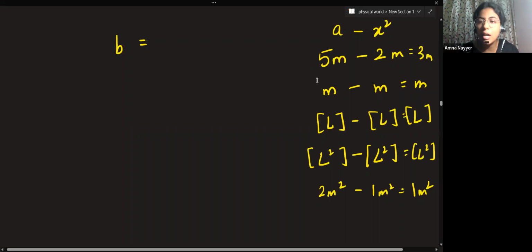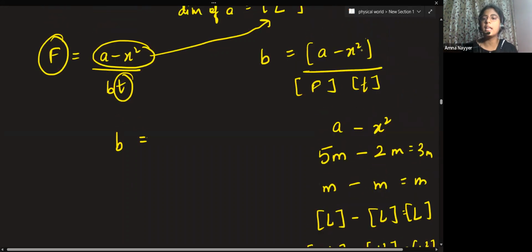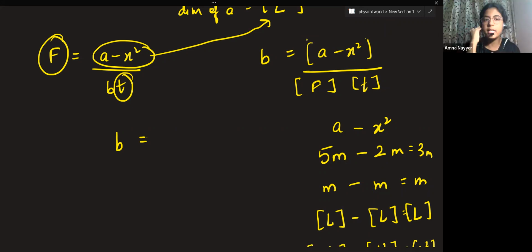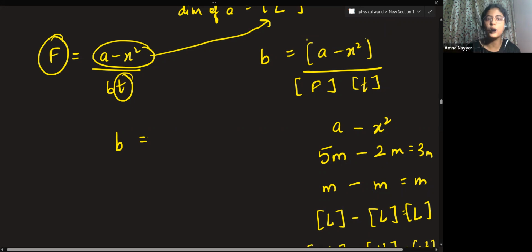So Arnav, now you tell me, what should I write? This B is A minus X square divided by F divided by T. Instead of A minus X square, what should I write, Arnav? Ma'am, your voice broke. Can you repeat? I'm saying instead of A minus X square, what should I write? What should the dimension be that I should write?